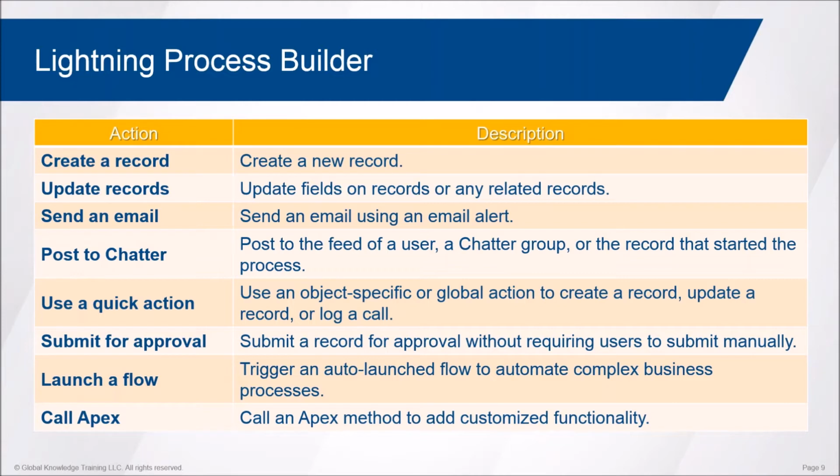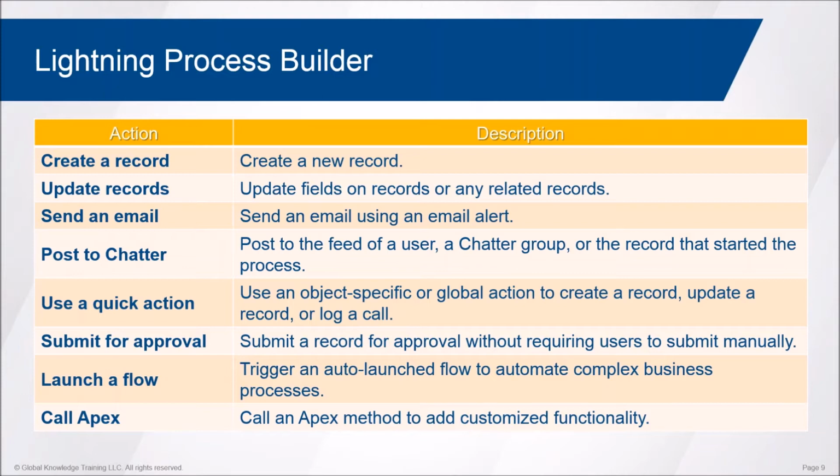We can update records, so we can update fields on a specific record or on multiple records, or even down to related records as well. So as users in the system are changing information, I can have related information change, or I can even have information on that record or within the same scope get changed automatically.